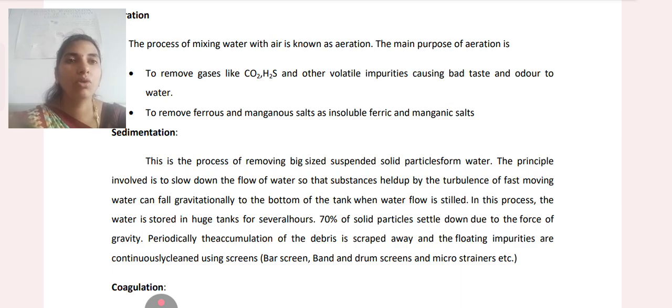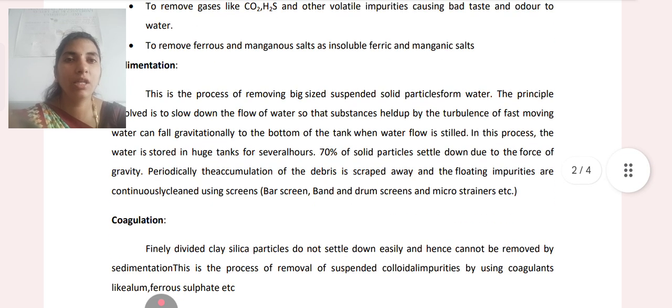The water is stored in a huge tank for several hours, and 70% of solid particles settle down due to the force of gravity. Periodically, the accumulated debris is scraped away and the floating impurities are continuously cleaned using screens: bar screens, band and drum screens, microstrainers, etc.